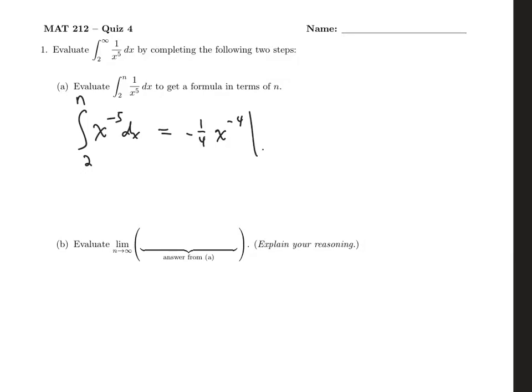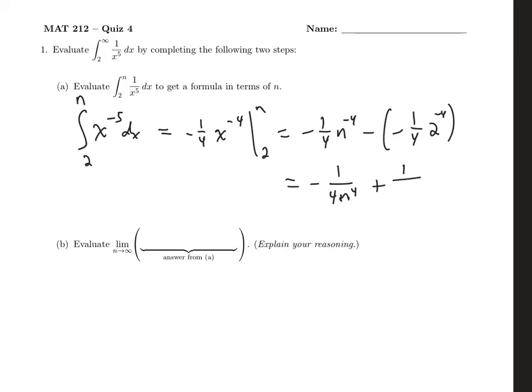So I end up with the new power and the reciprocal of that power as a number in front. We integrate from 2 to n, and so that's negative 1/4 n to the minus 4 minus negative 1/4 times 2 to the minus 4. Because we're going to have to do a limit in a second, it's worth rewriting this so that there are fractions involved. So the first term is that, and of course we have minus minus there, and a fourth times 1 over 2 to the fourth is 1 over 64.